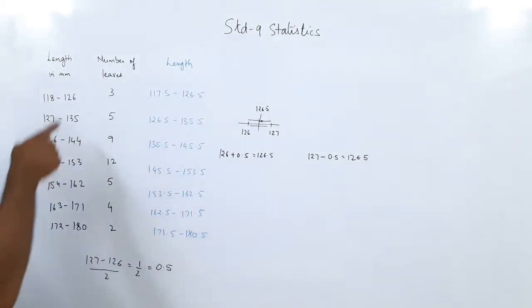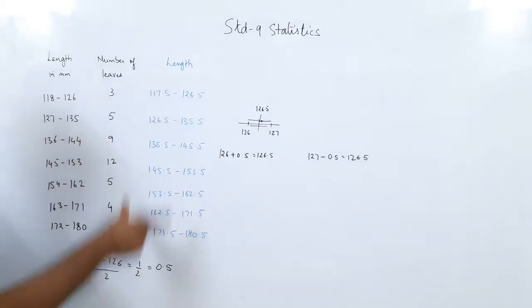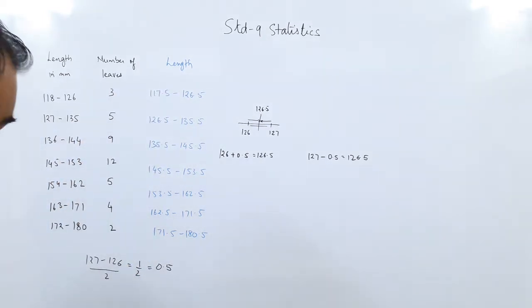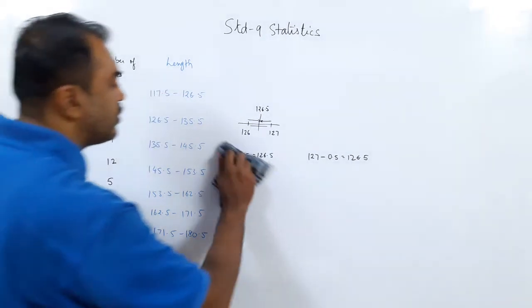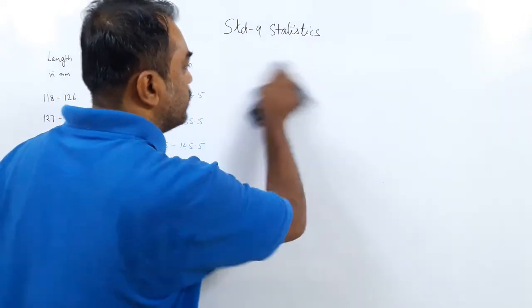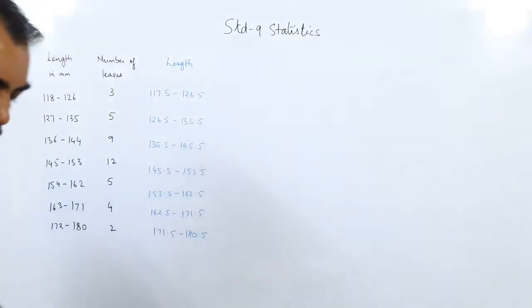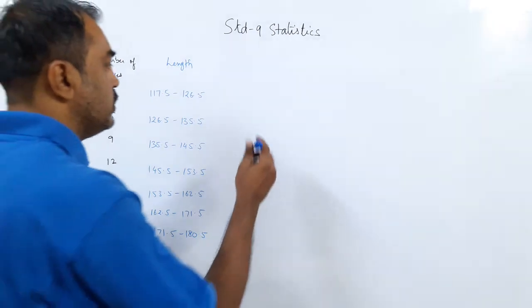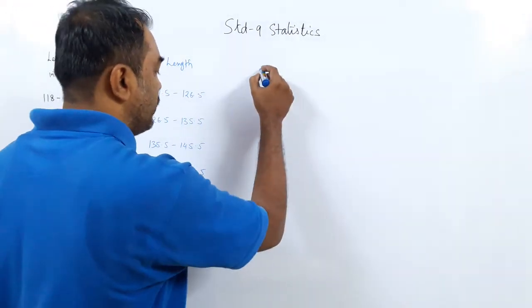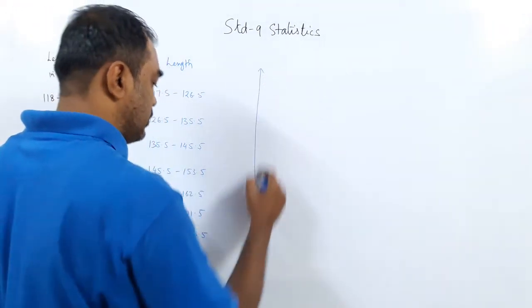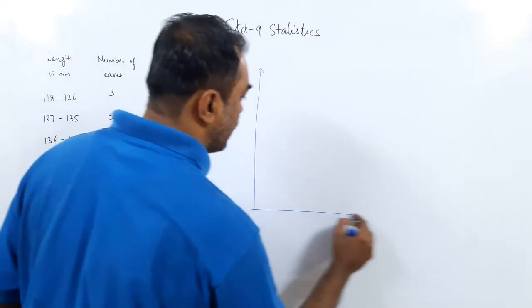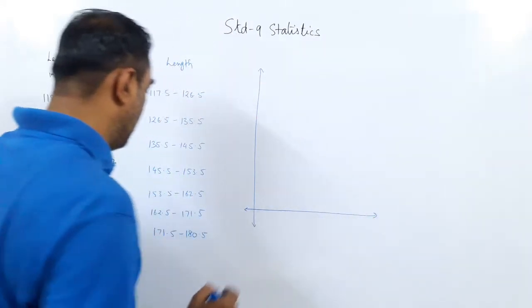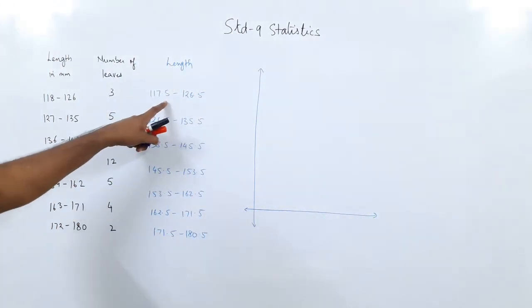So the first step I have done is that I have shown this length as continuous data. There was a gap from 126 to 127 which I have filled up using this technique. Once we are done with this, we can move to our histogram. So in the histogram, I will draw the y-axis and the x-axis, and where do I start? 117.5.